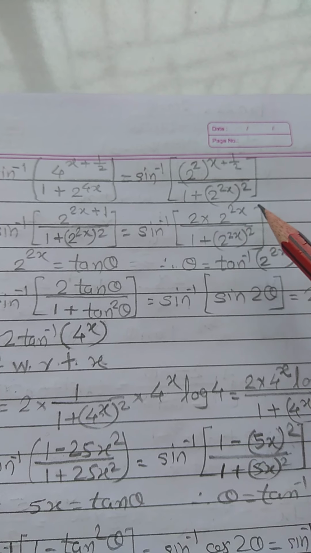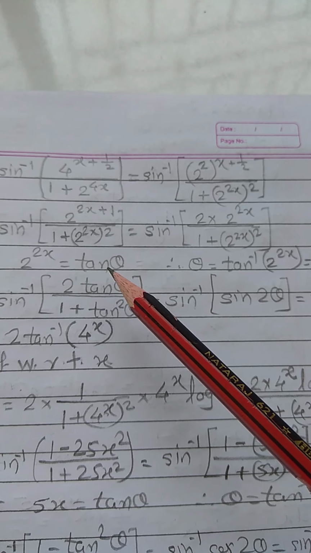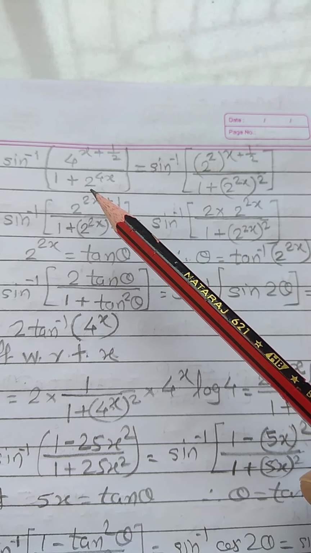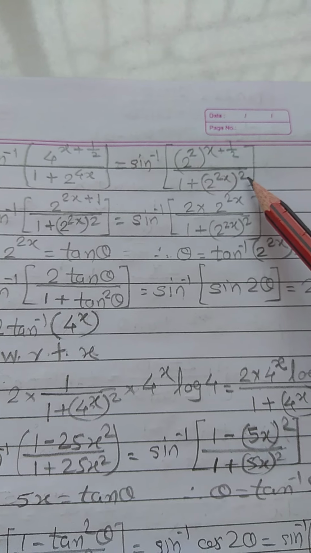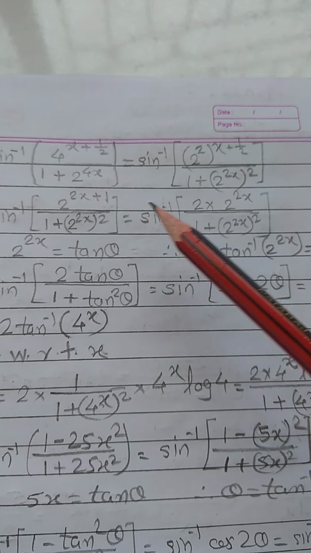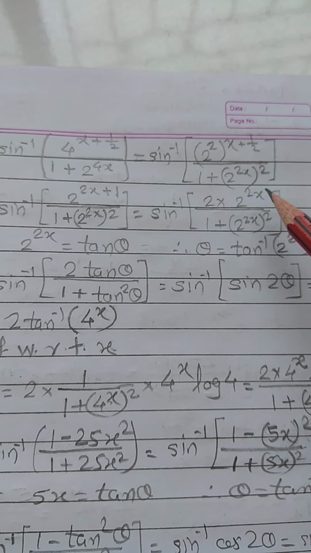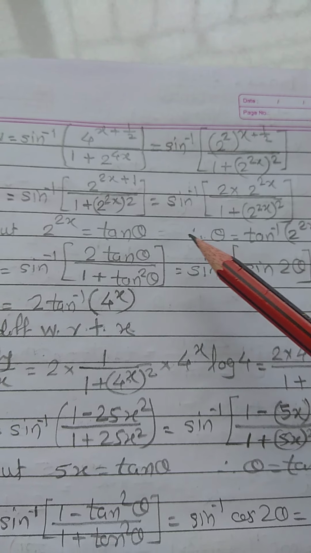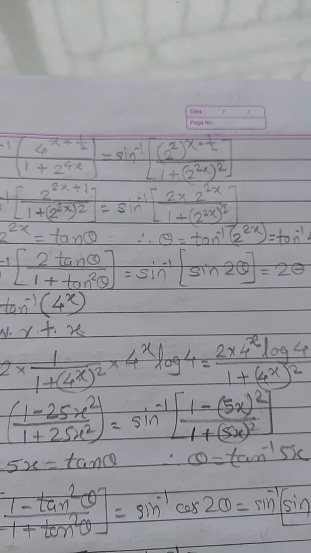Now we will write in place of this 2 raised to 2x tan theta. In the denominator also we have converted this 2 raised to 4x as 2 raised to 2x raised to 2. So in place of this 2 raised to 2x, we will write tan theta. Then theta will be tan inverse of 2 raised to 2x.